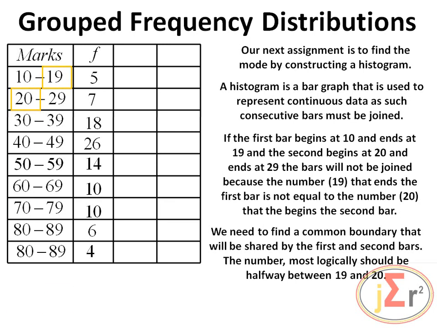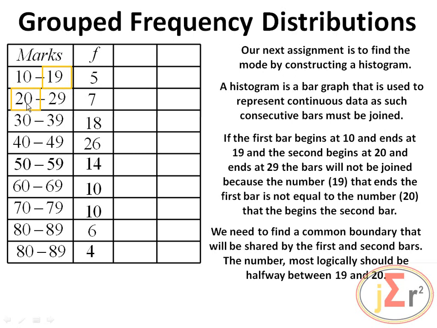Therefore, this is where the first one ends, this is where the second one begins. Because we are going to be representing the information by using a histogram, the bars will have to join. So what would be the most appropriate number to join between 19 and 20?